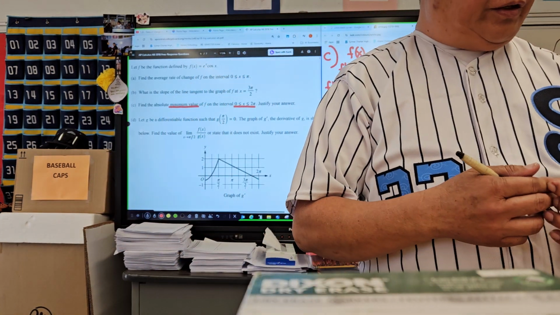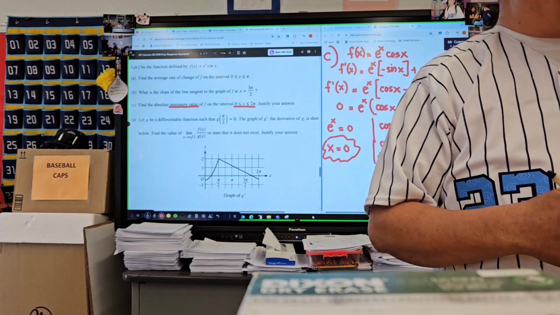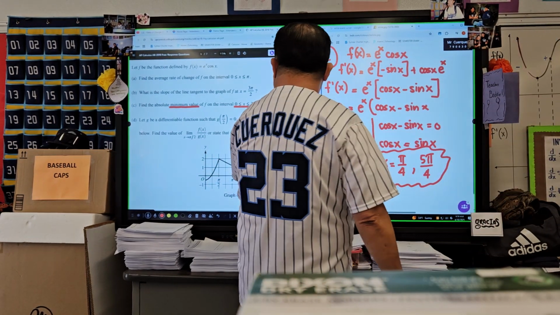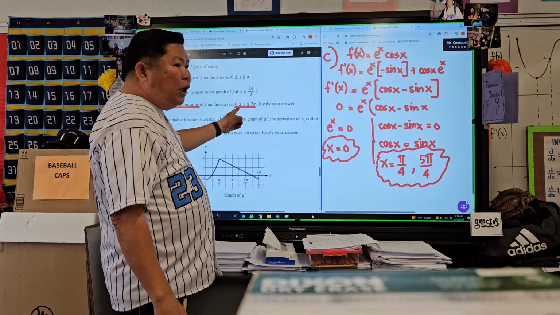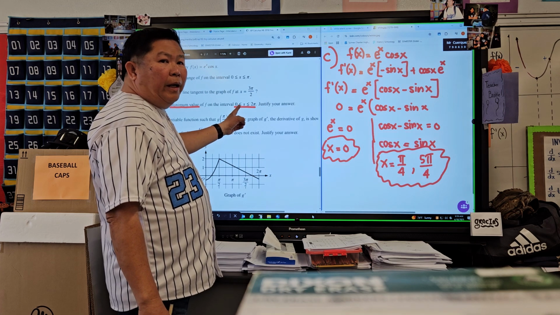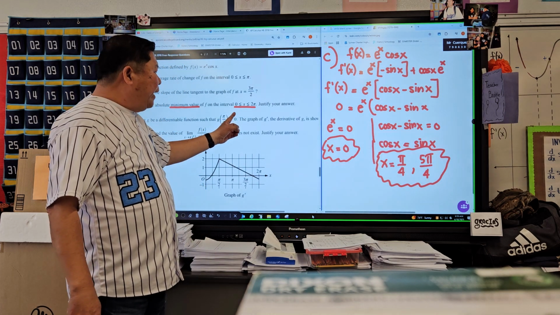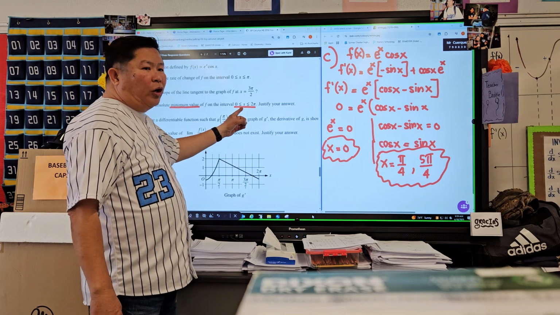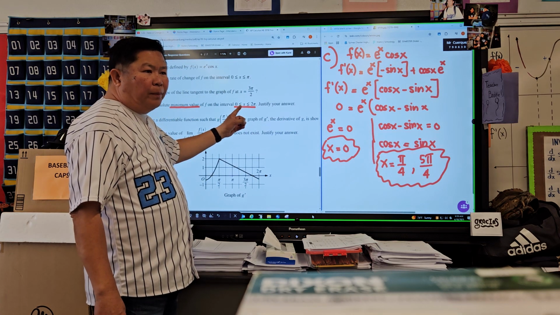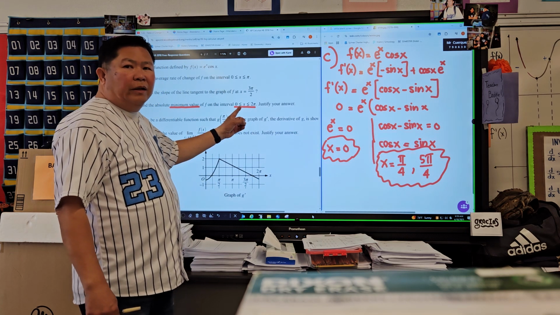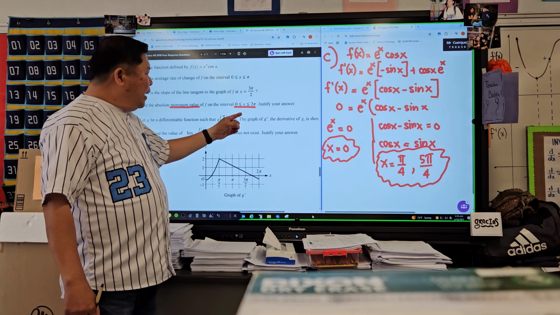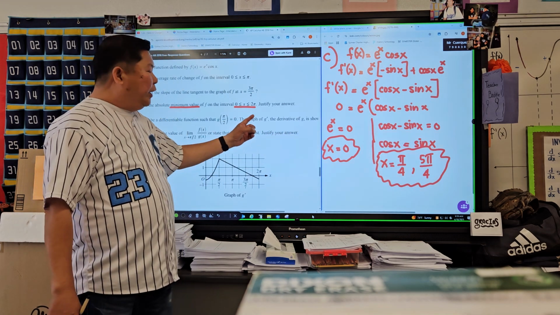Okay, so therefore, what to do? Is 0 part of the interval? Yes. How about pi over 4? Is pi over 4 part of the interval? How about 5 pi over 4?